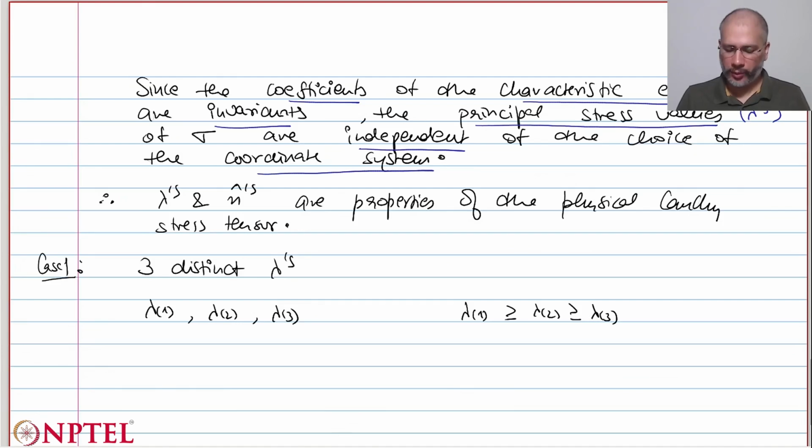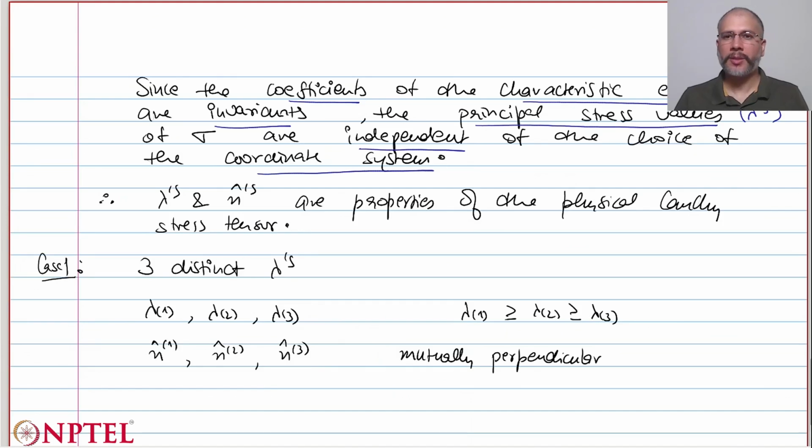And corresponding to these principal stress values, we have the directions N1, N2 and N3. And these N1, N2 and N3 are mutually perpendicular to each other. So they form a right-handed coordinate system.